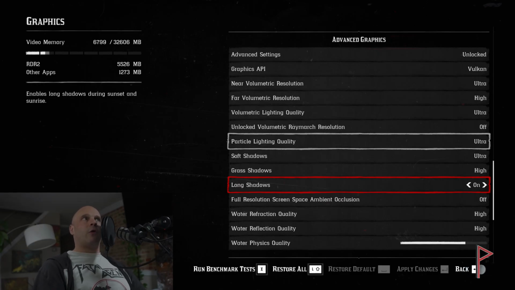Volumetric lighting quality. Okay, so now you know what volumetric effects are. Volumetric lighting quality is just the fog, the beams of light, the quality of these lighting effects. Volumetric resolutions, that's the resolution at which these volumetric effects are rendered.